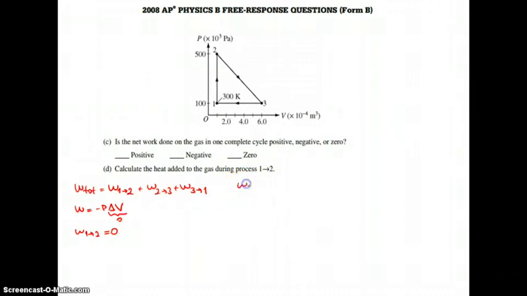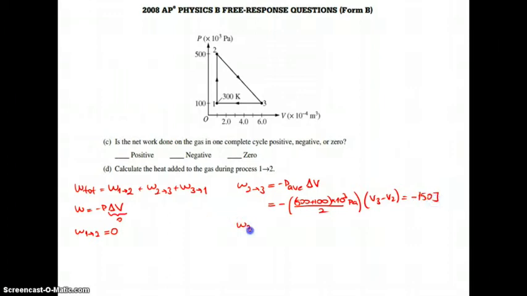Work from 2 to 3 is equal to negative P average times delta V. Since it's a triangle, we can use pressure average is equal to 500 plus 100 times 10 to the third over 2 Pascal times V3 minus V2. When we plug in V3 and V2, we get negative 150 joules.